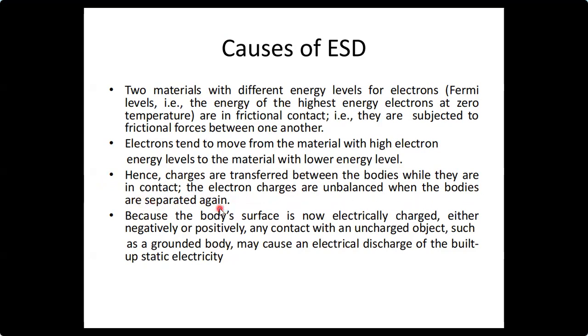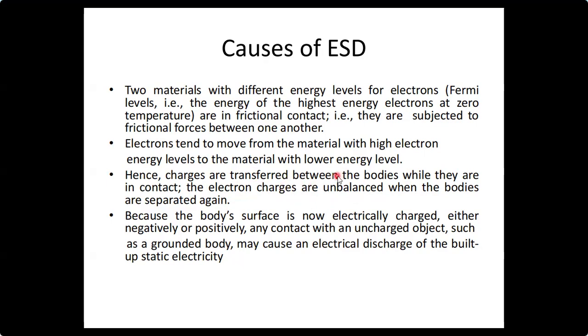We will see this point with an example. When the bodies are very close in contact, the charges are transferred. If the electrons are unbalanced, the bodies are then separated.